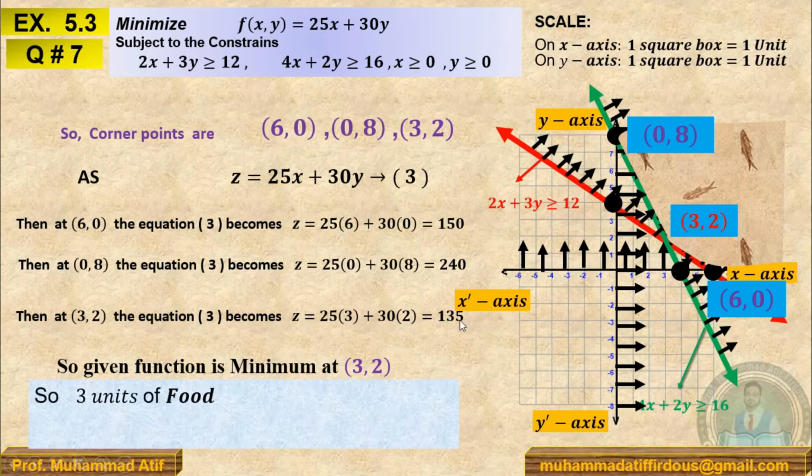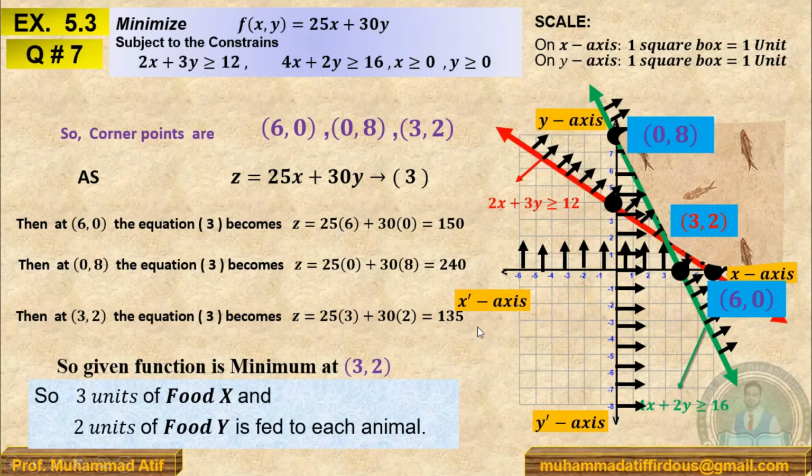And in the word problem, just convert this, meaning we have to use 3 units of food x and 2 units of food y in order to feed each animal. So students, just follow these three rules, you have your answer. So this is your problem number 7.